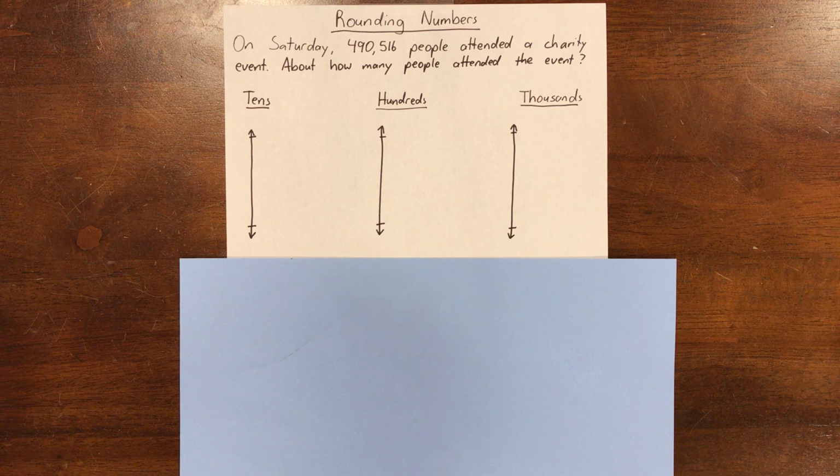Okay, so to round to the nearest 10, we have to figure out which tens our number is between. So which tens is 490,516 between? Say it out loud.